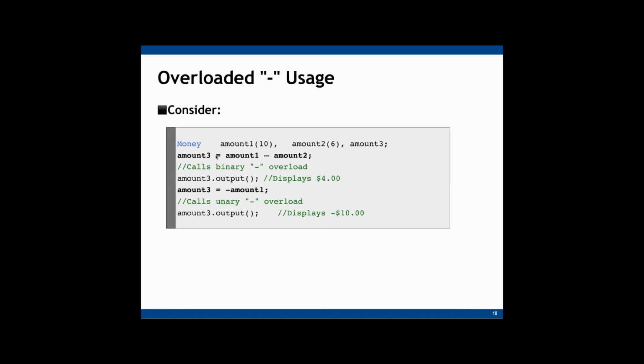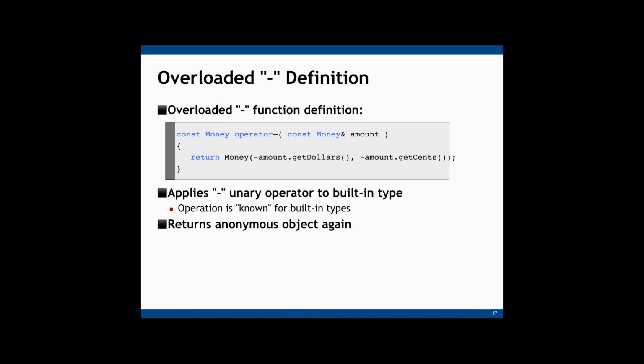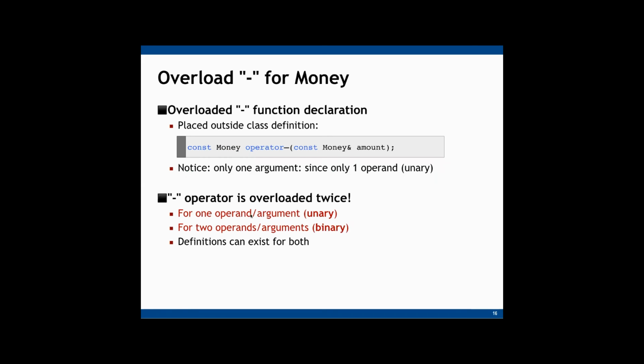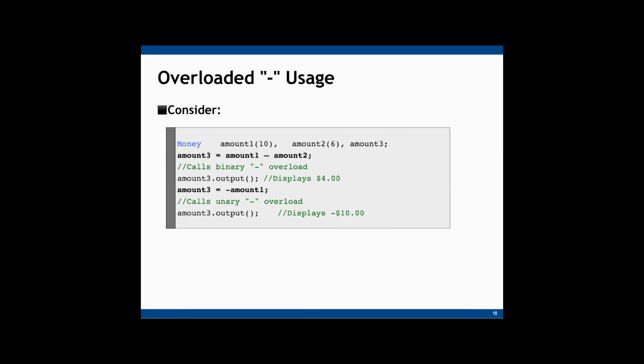As I explained in the previous slides, the minus operator can be overloaded twice. Here, one for unary operators and one for binary operators. If you look at this example, this minus operator and this minus operator behave differently.